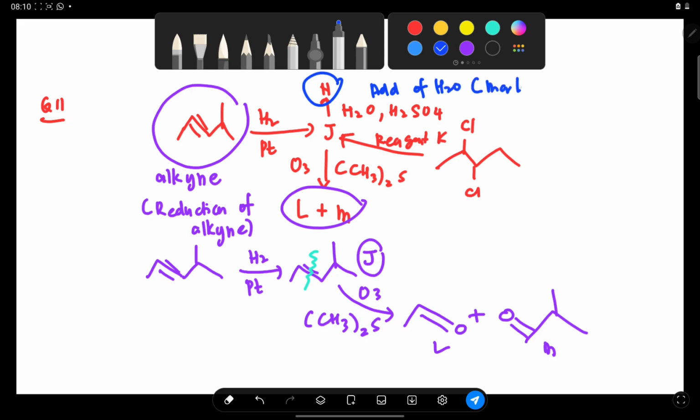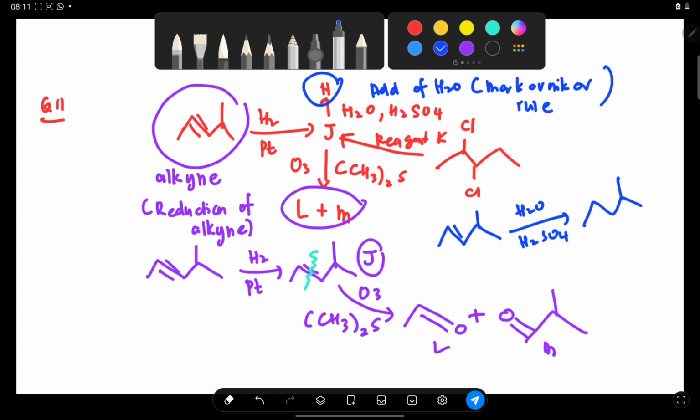It will follow Markovnikov's rule. For Markovnikov's rule, OH will add to the carbon which has the lowest number of hydrogens. So how many hydrogens here? 1, 2, so here is 1 hydrogen.